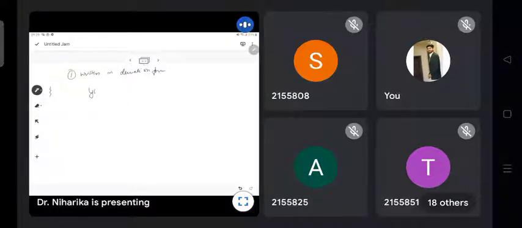Beta 1 is a constant, so that doesn't change.